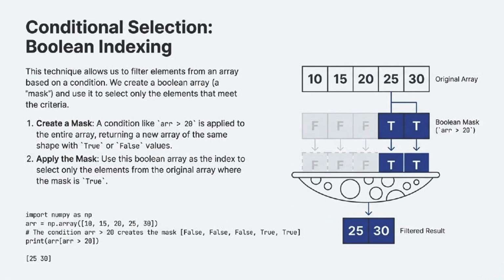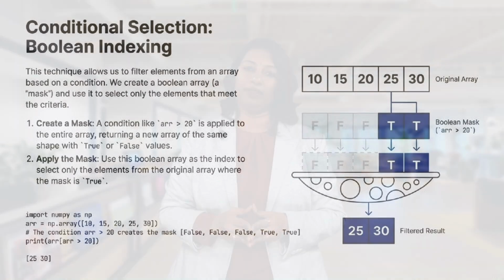The condition arr > 20 checks each value and creates a Boolean mask: False, False, False, True and True. When we write arr[arr > 20], NumPy selects only the elements where the condition is true. As a result, the output contains only 25 and 30, which are greater than 20.